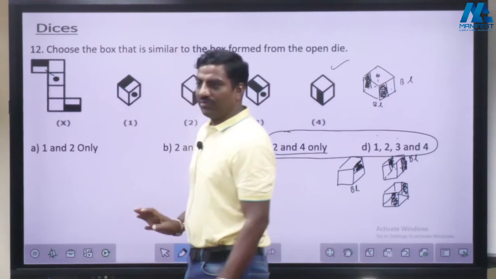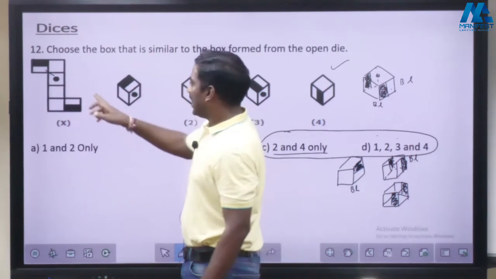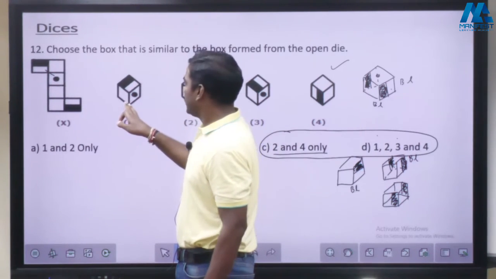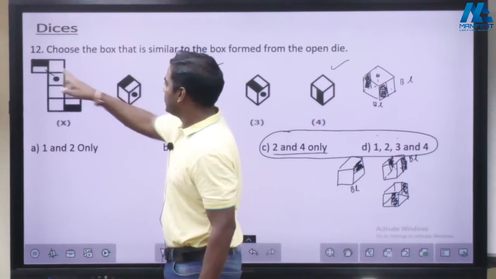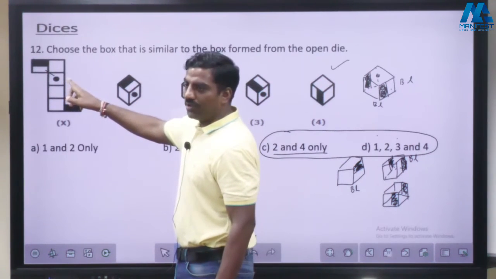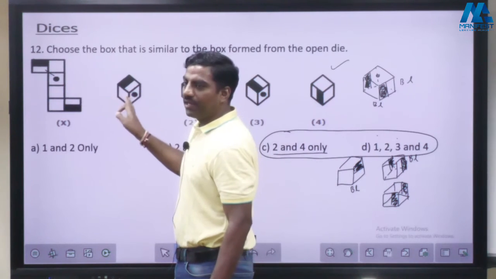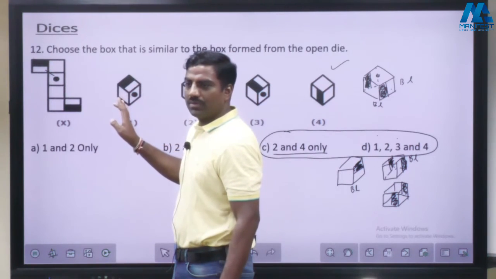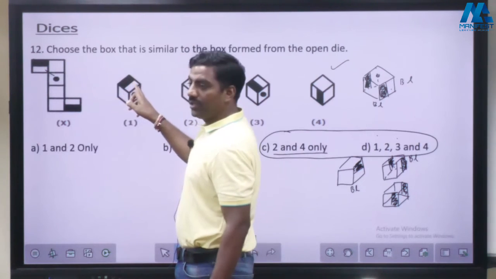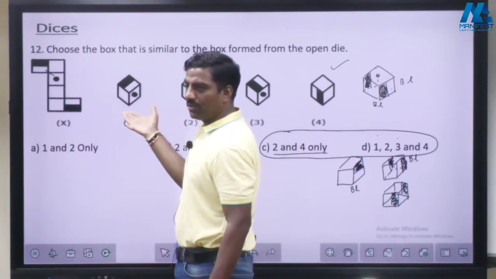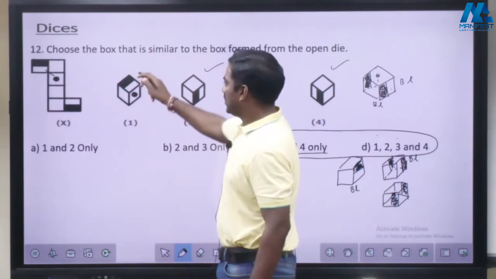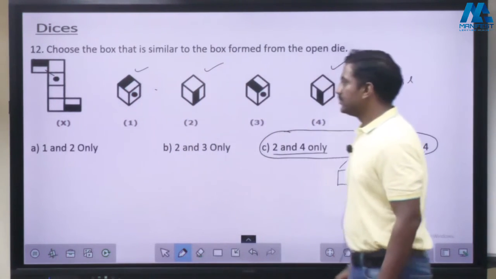And the left side one will come, no? One blank. Anyways, you have sent 1 shade to the bottom, and 1 shade to the top. And the right side is your dot. So can you bring 1 blank to the left? Dot to the right, this shade to the top. So 1 more shade will be in the bottom. 1 blank will come in the left, no? Yes. So this is also a possibility.